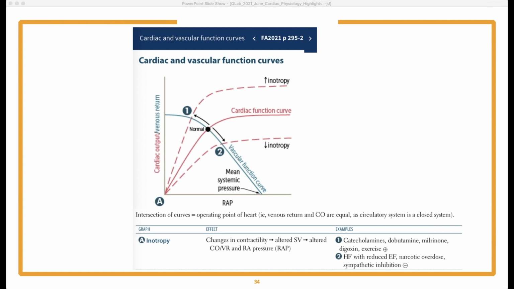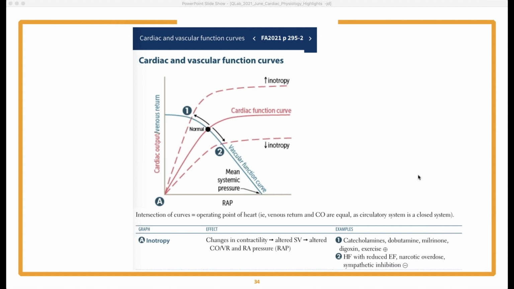And you can see there at the bottom of that row, increased inotropy or changes in contractility. An example of that would be increased inotropy: catecholamines, dobutamine, and as you can see there, digoxin. So these all increase contractility or inotropy, okay? So you can see that that increased inotropy causes a leftward upward shift of that cardiac function curve.